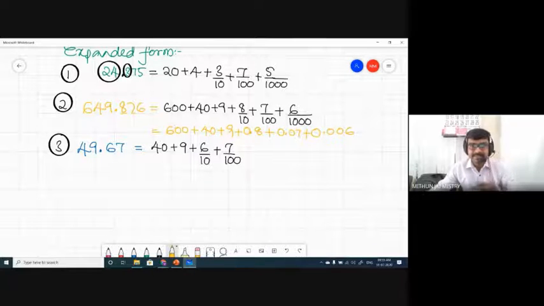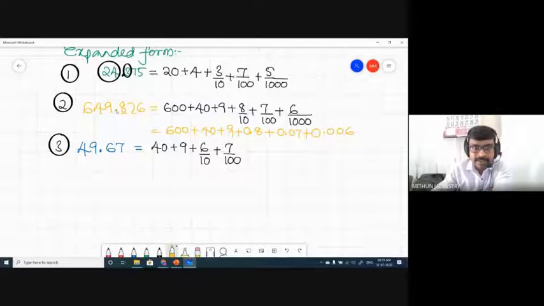Have a look once again. What happened here? 600 is as it is. 40 is as it is. 9 is also as it is. So till here, there is no confusion. So after the point, I'm writing 8. Before the point, the total I'm assuming as 0. So 0.8, then 0.07, then 0.006.